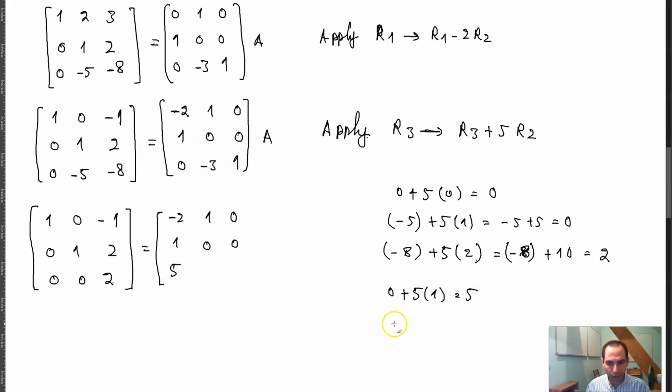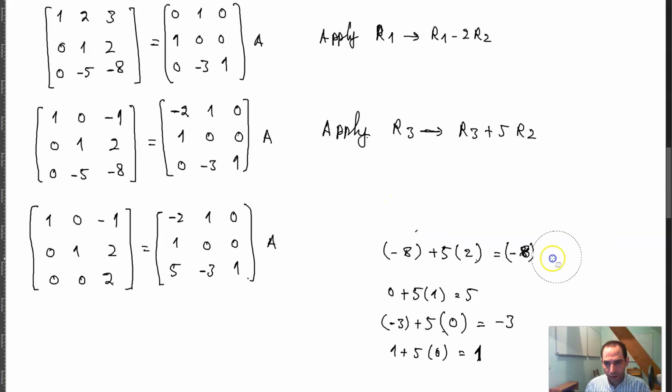Then you have -3 plus 5 times 0, which is equal to -3, and 1 plus 5 times 0, which is equal to 1. So you have 5, -3, and 1 times 8.